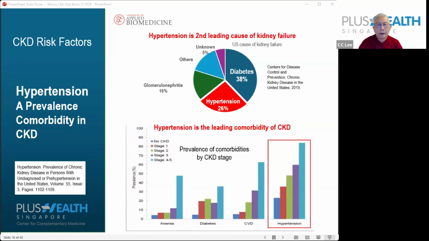In fact, at stage 4 to 5 of CKD, very often more than 80% of patients are suffering from hypertension.